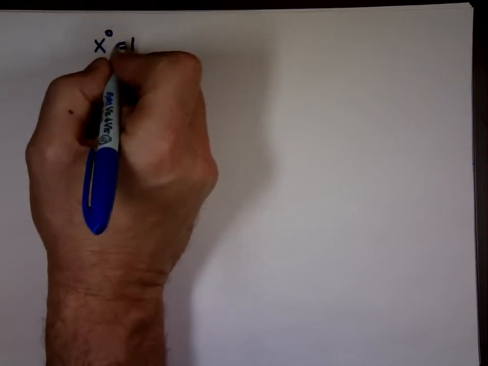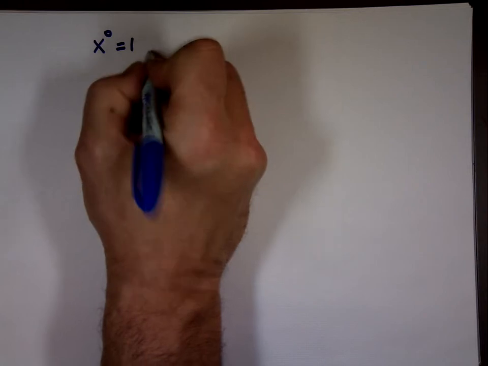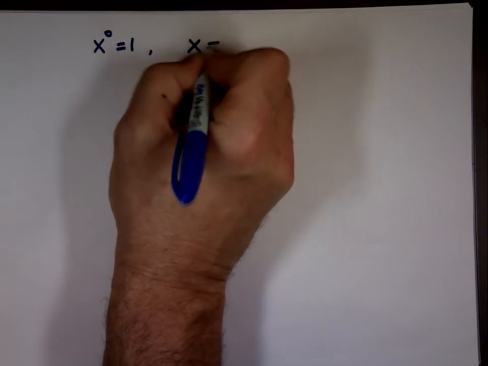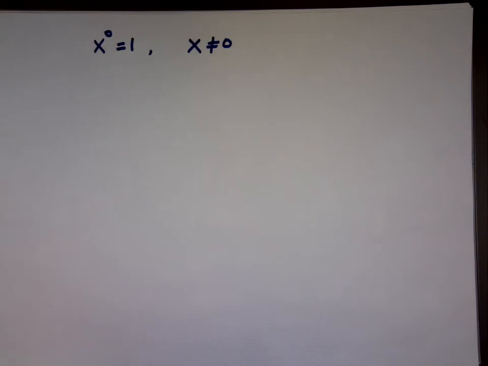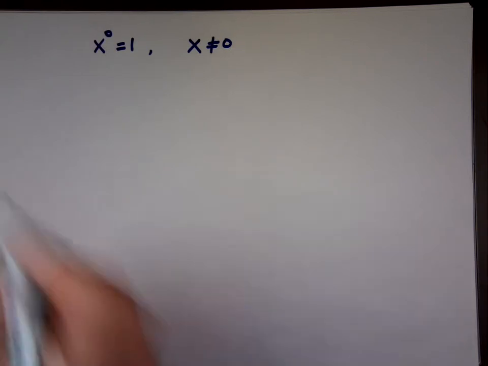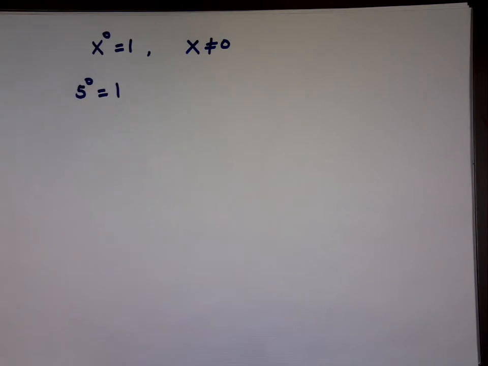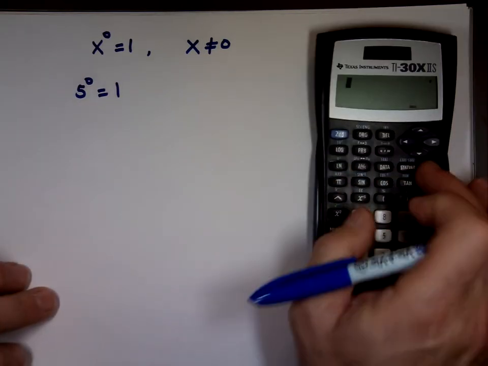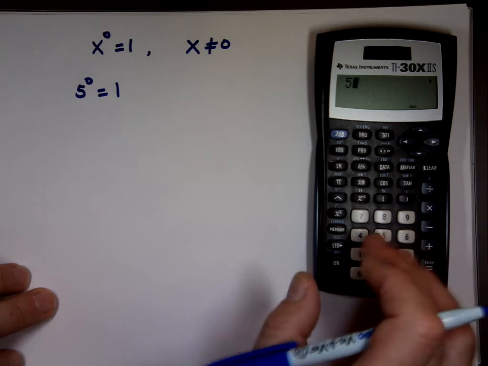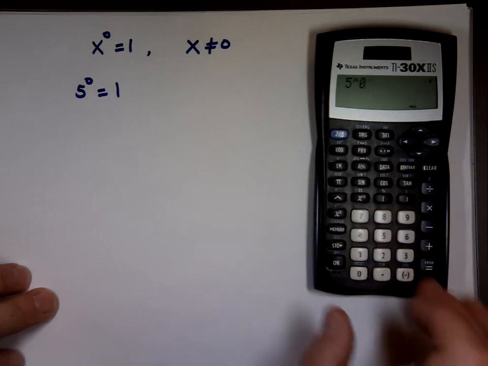Any number raised to the 0 power is 1, except 0. It can't be 0. So 5 to the 0 power is what? 1. Let's test it again to see if that property is correct. 5 to the 0. 1.